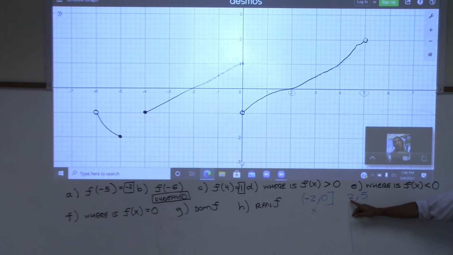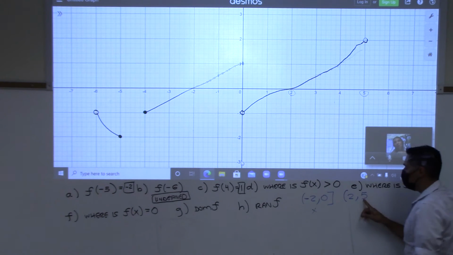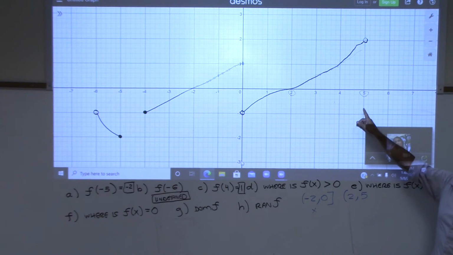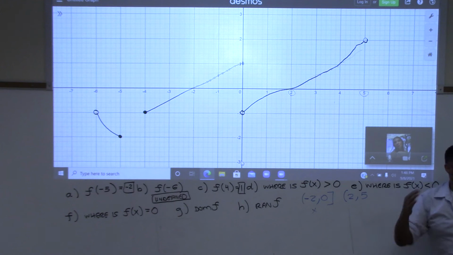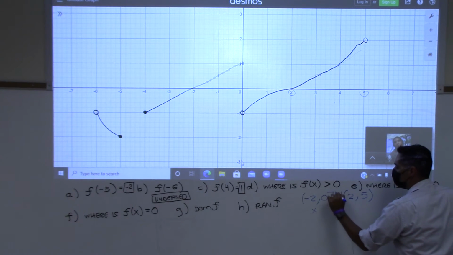At 2, you don't, because at 2, you're at 0. So I don't want to include that. How about at 5? It's an open circle, so you can't say at 5 it's positive, because what is the value of the function at 5? It's undefined. So you can't include that. Then I put a union between them.